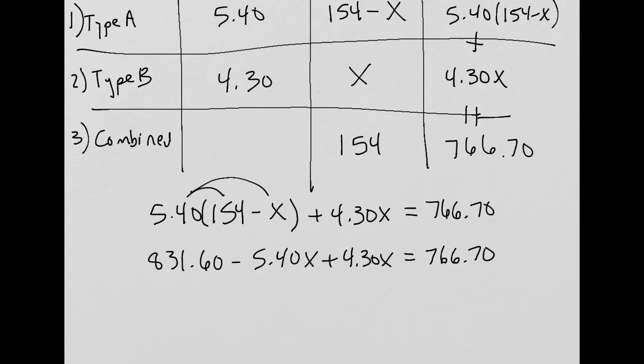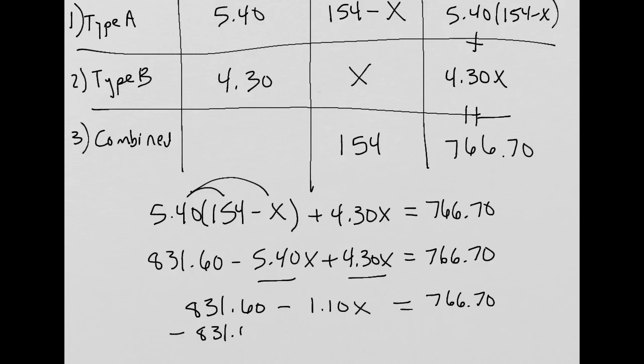If we combine our two x terms, we've got 831.60 minus 1.10x equals 766.70.